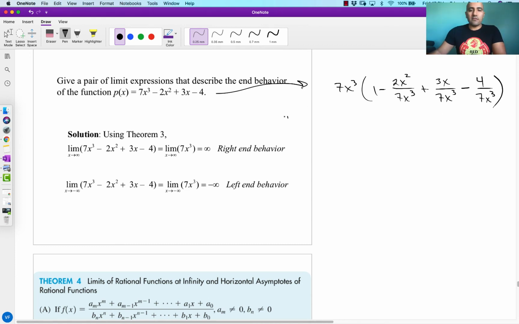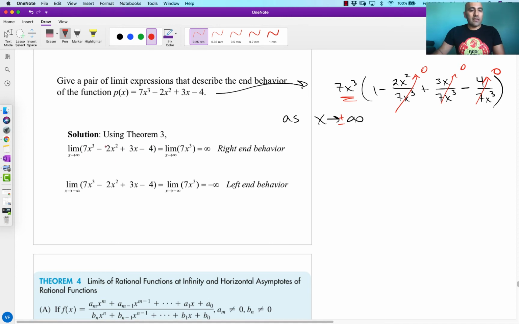And then as x grows toward plus or minus infinity, either way, all of these terms are going to grow towards 0, meaning that as x grows, the leading term will determine the final output of my function, whether it's going to go toward positive infinity or negative infinity. Good? So that's what we do here.